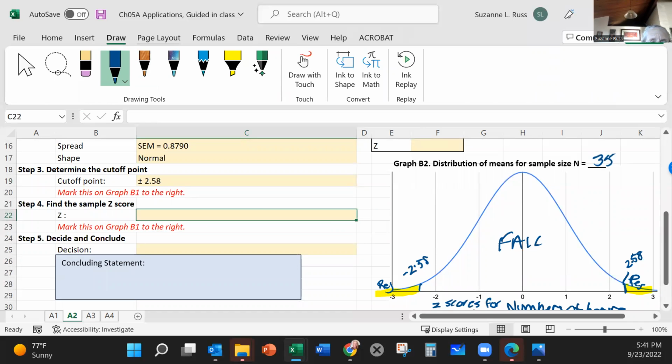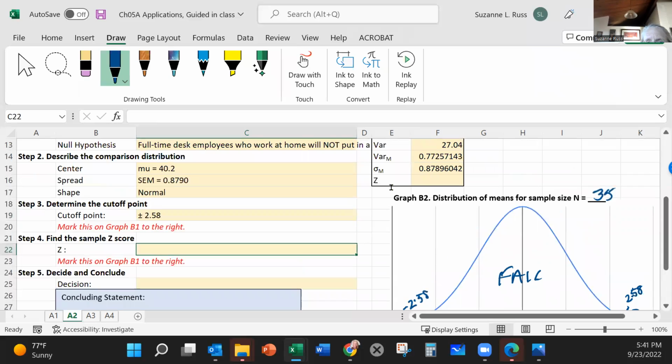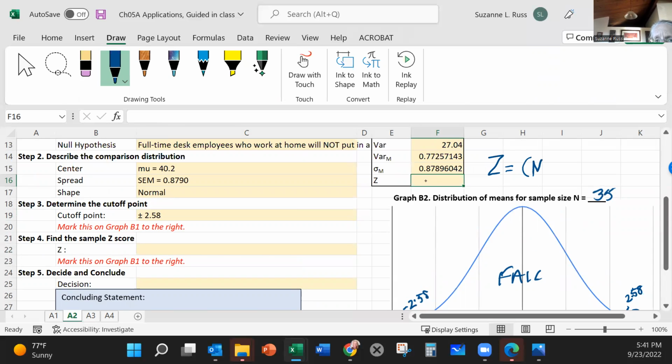So let's go ahead then to step 4, find the sample z-score. Let's calculate that. We know that in this example, z is going to equal our sample mean, because that's what we're comparing now, not just a score, minus the population mean mu divided by the standard deviation, not for the distribution of individuals, because we have a mean here.